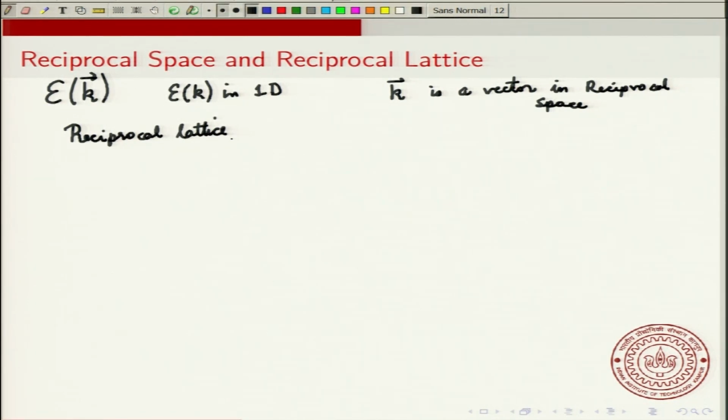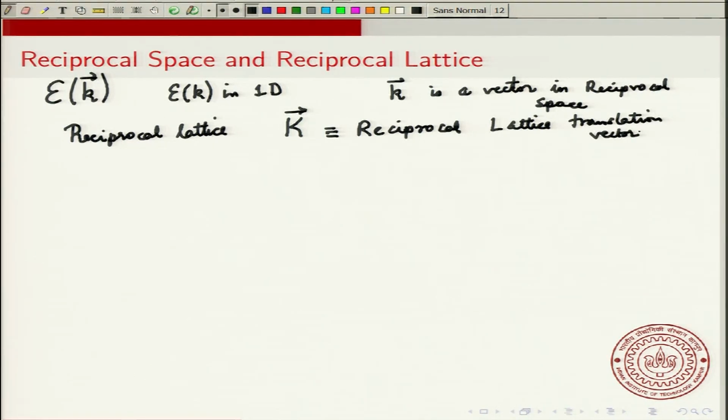A reciprocal lattice is characterized by a lattice translation vector K. K is a reciprocal lattice translation vector, and we know that the reciprocal lattice is also a Bravais lattice. So, what does that mean?